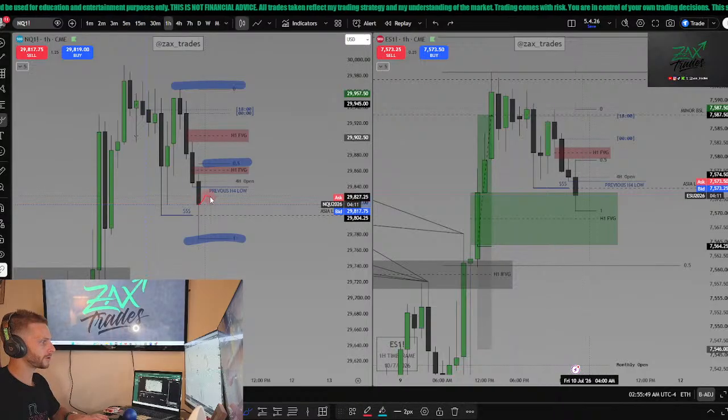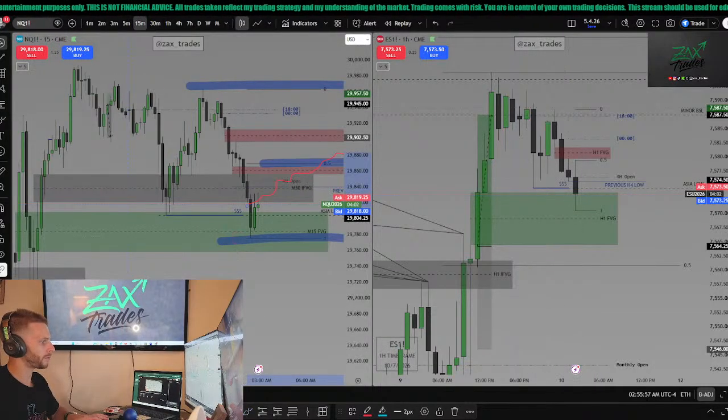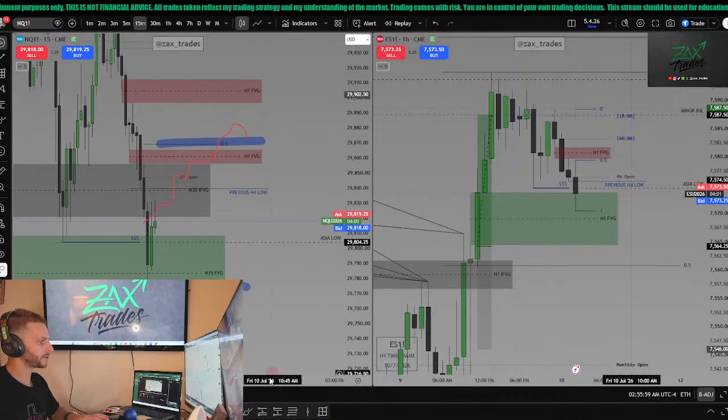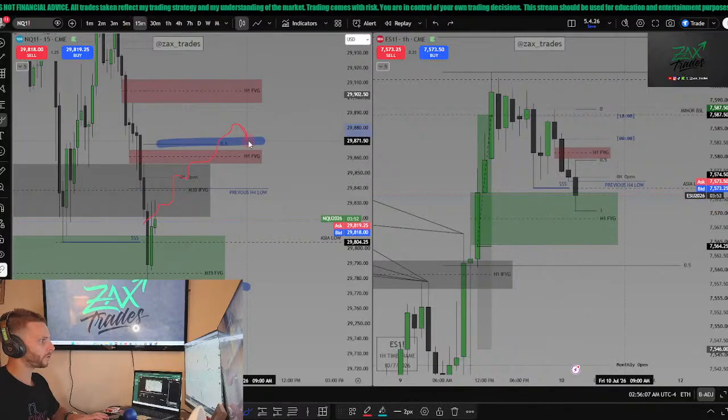So if this starts grinding higher, and this is the 1 hour chart, maybe at the 15-minute, for example, just using an example here, I see the 15-minute get above the equilibrium price and start to hold it as support, right?